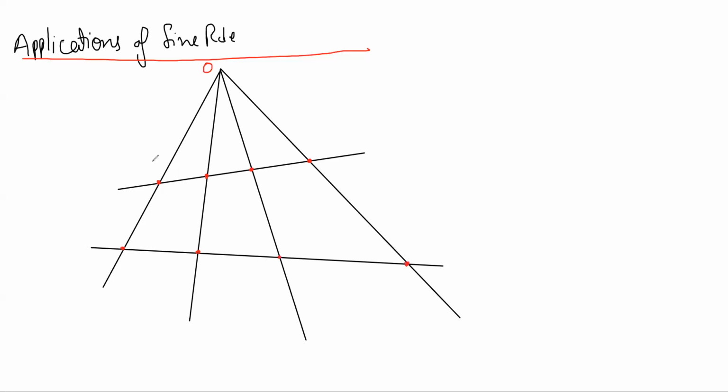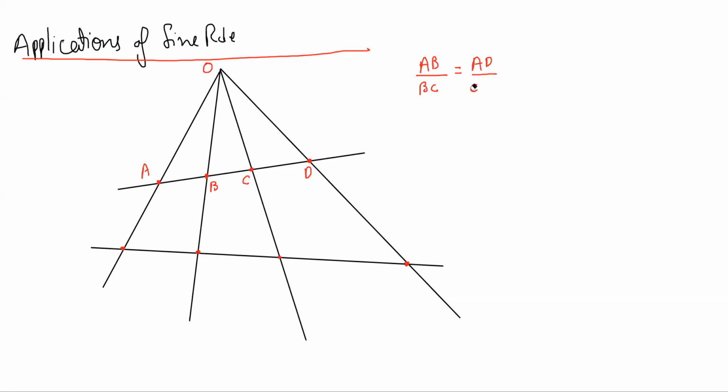Now something interesting. A, B, C, D. Let's say that this ABCD is in a very interesting ratio. It's an interesting relation that AB by BC is equal to AD by CD.